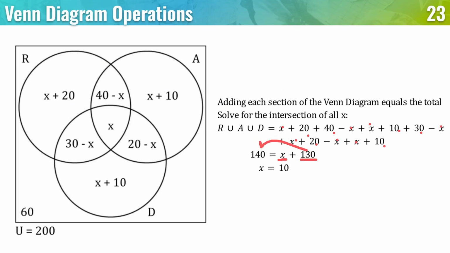Transpose this to the other side and you have x is equal to 10. So now you can also double check for yourself if you solved it correctly. If you solved it correctly and the given is correct, you can assume that none of the sections would become negative.